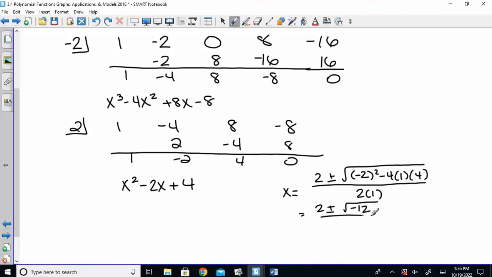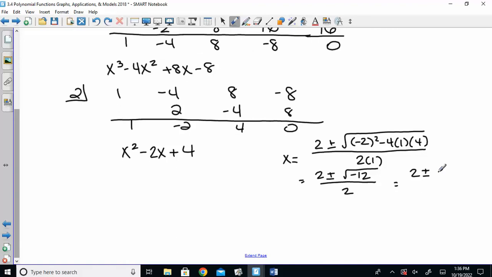So I get 4 minus 16. How would I break down the square root of negative 12? 4 and 3, and since it was a negative, it would get an i. Square root of 4 is 2. So we get 1 plus or minus i radical 3.